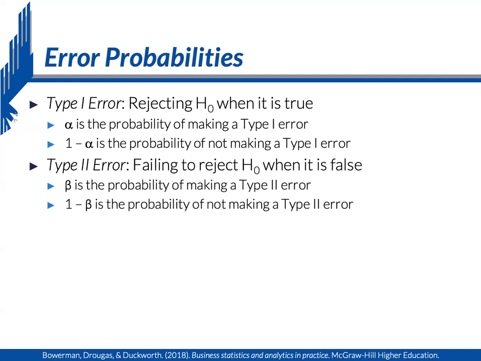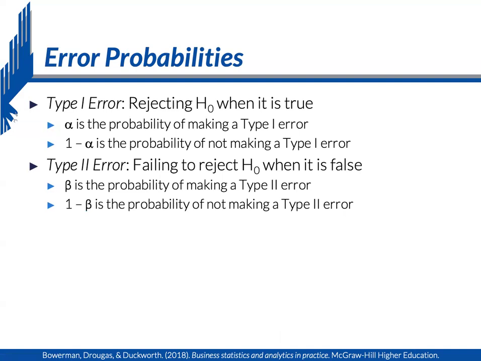And the error that we can commit can be categorized as either a type 1 error or a type 2 error. Type 1 error happens when we reject the null hypothesis when it is true. We conclude that we have enough evidence to support the alternative hypothesis, but in reality, the alternative hypothesis is not correct. We call that a type 1 error.